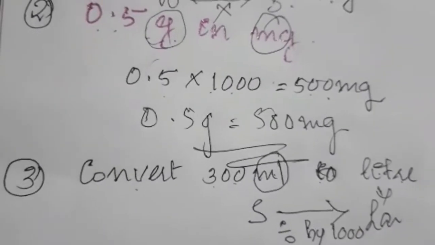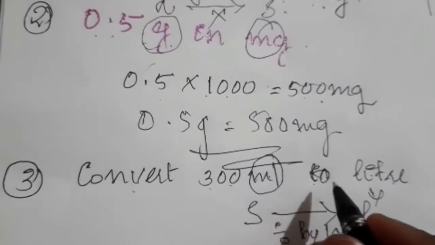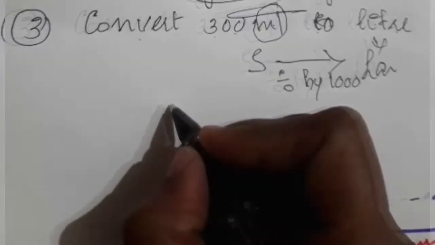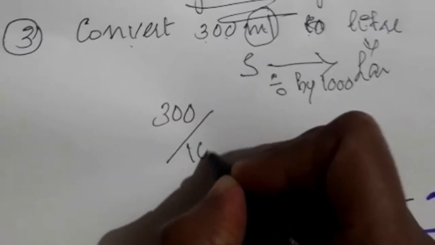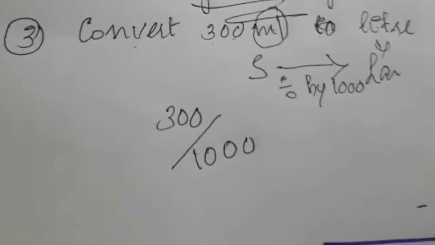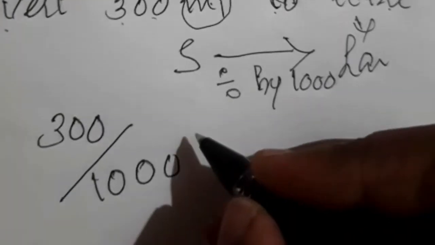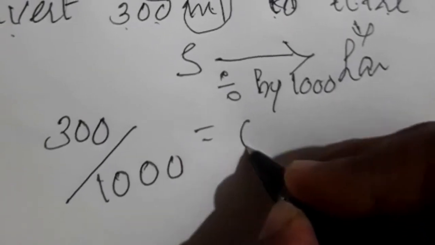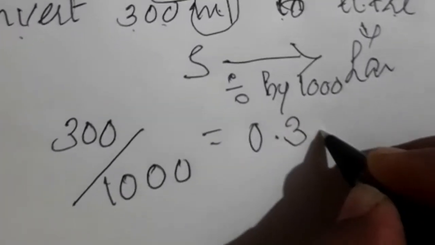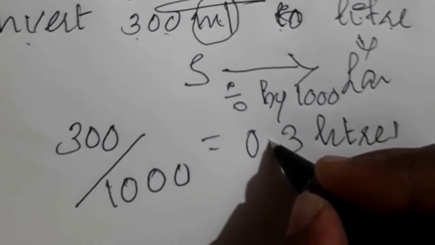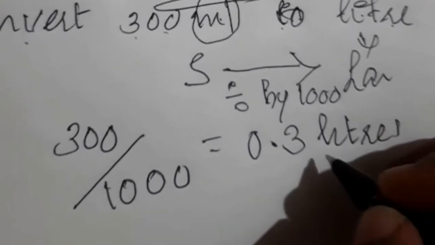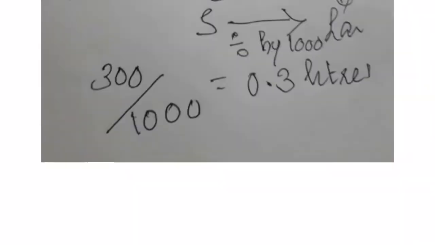That means for converting 300 ml to liter, we do 300 divided by 1000. The answer is 0.3 liters. That is, 300 ml is equal to 0.3 liters.